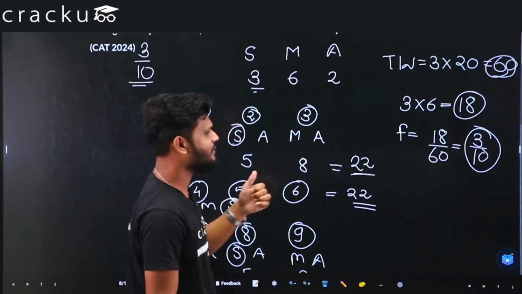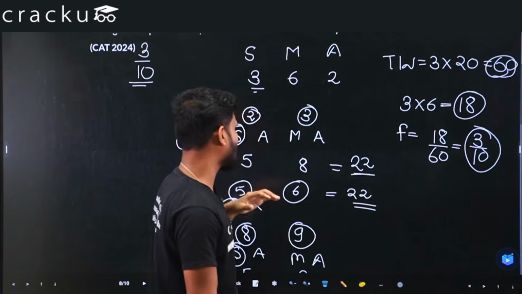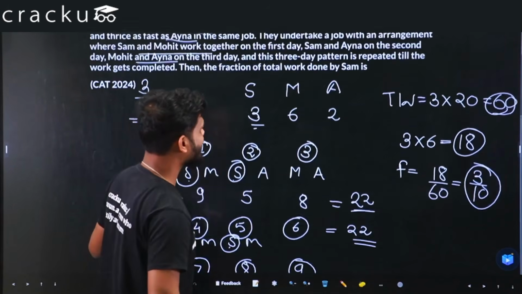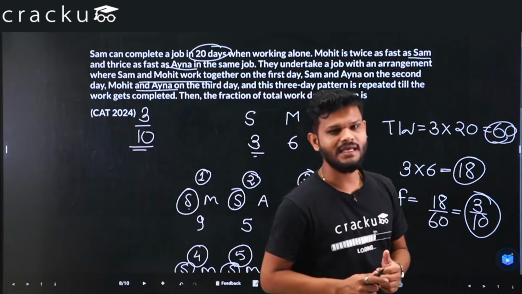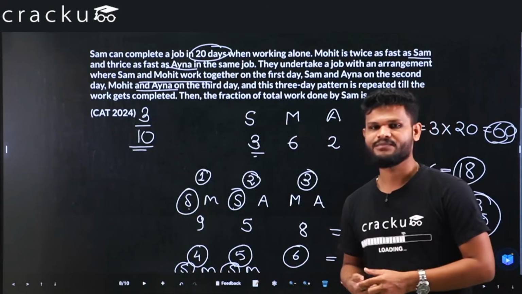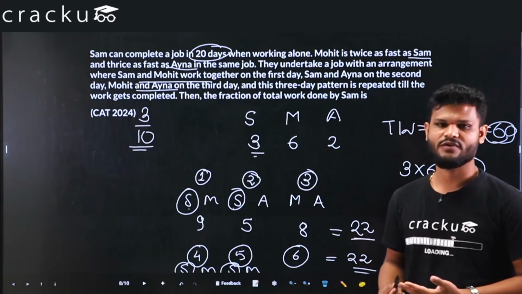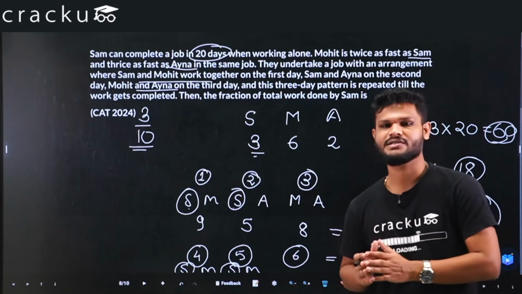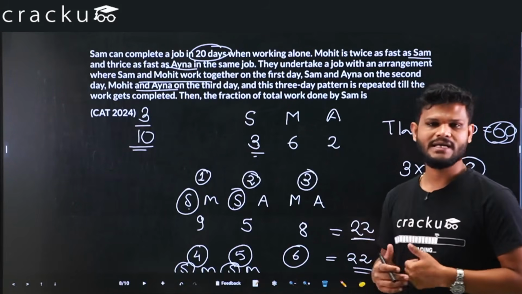So we found the work done by Sam here. We didn't write any equation, we just enumerated the pattern so that it became easy for us to see how many days Sam has worked. So this is how you can solve these types of questions where people work in different combinations. Now let us go forward and look at one more question.